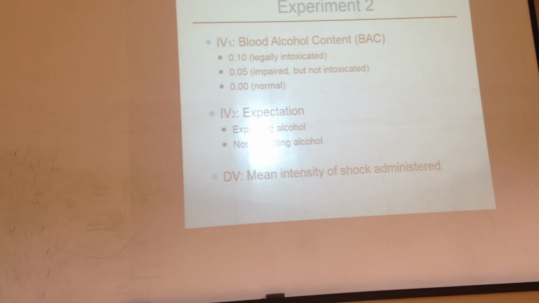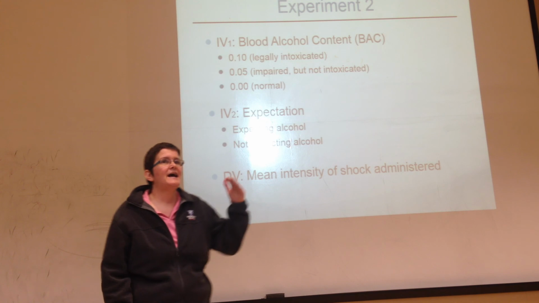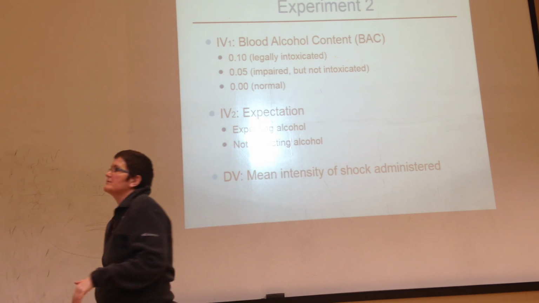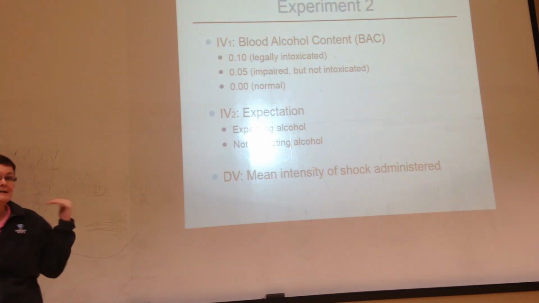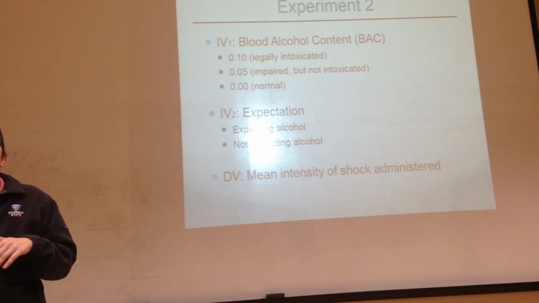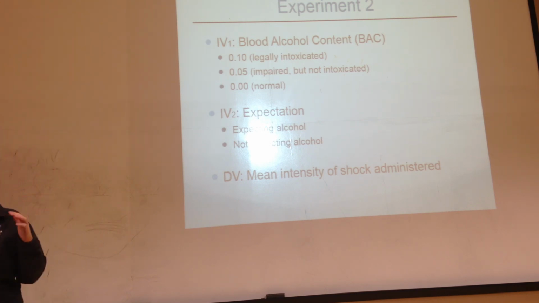Okay, so let's say I switched it up a little bit, and I made my categories for alcohol different. Instead of alcohol versus non-alcohol, I have different gradations of alcoholic beverage, and I measure blood alcohol content. So I want to take people who are sober, people who are legally impaired but not intoxicated, and people who are legally intoxicated, right? These are distinctions that are relevant to the law.